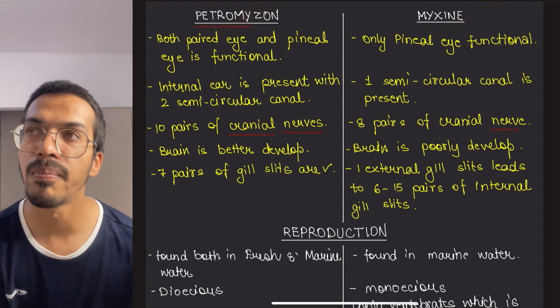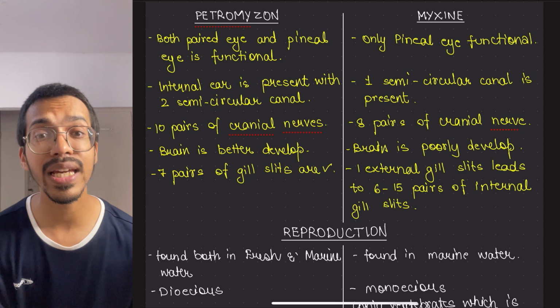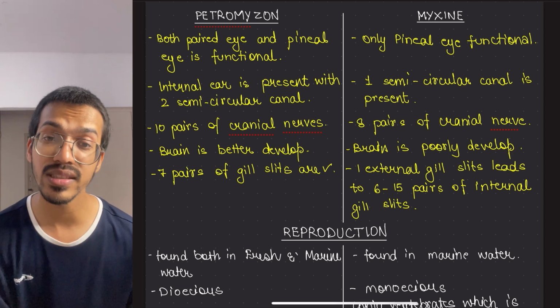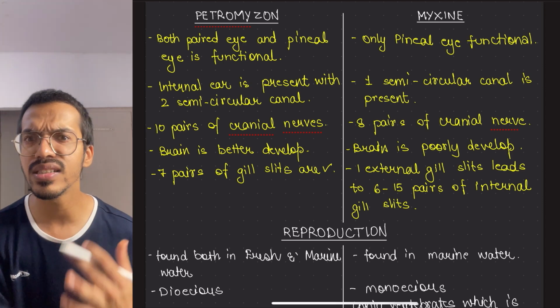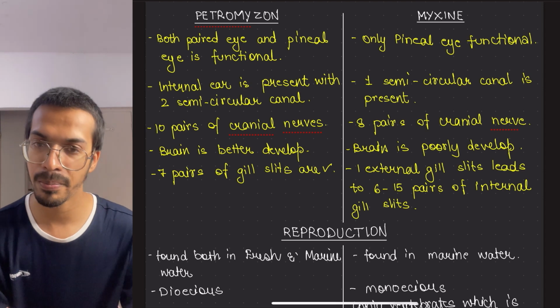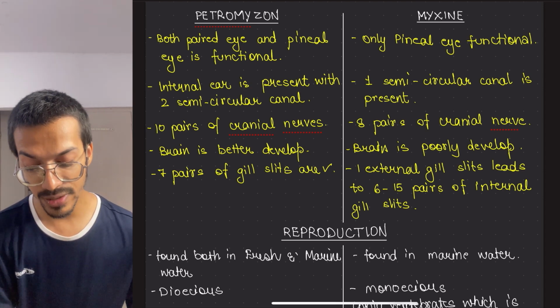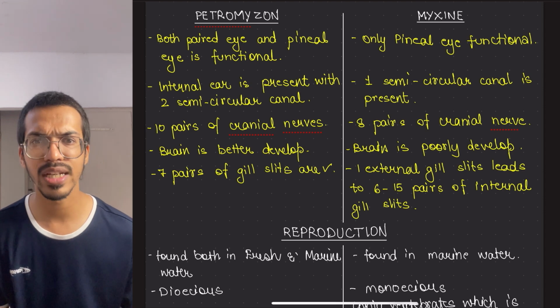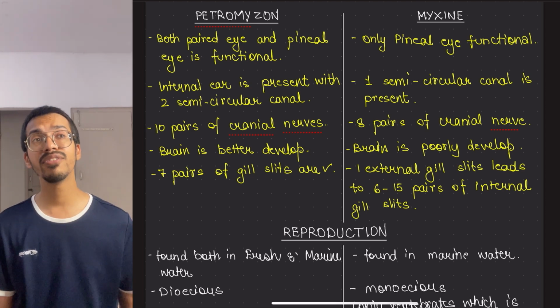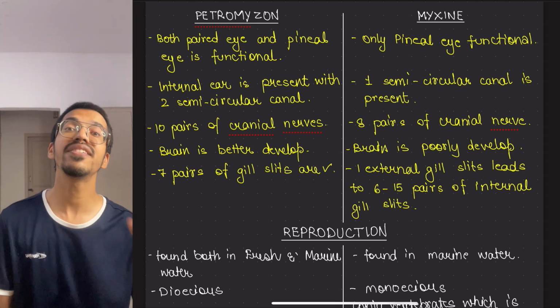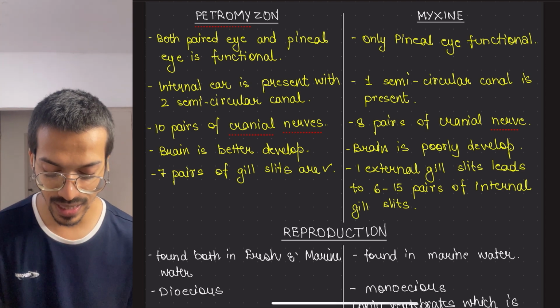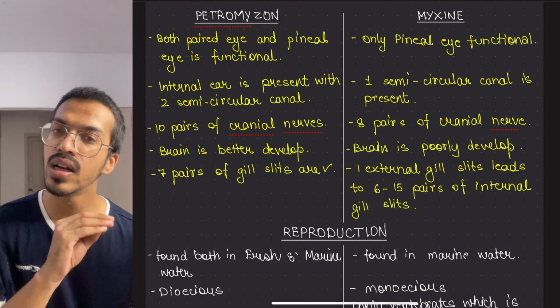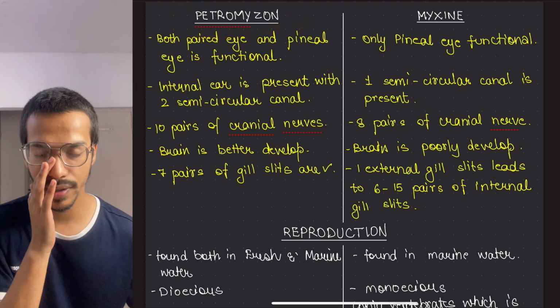Myxine is the simpler one. It remains in the marine environment throughout its life. Petromyzon is not like that, it is not starting with M. It will live certain life stages in marine water and certain stages in river water.